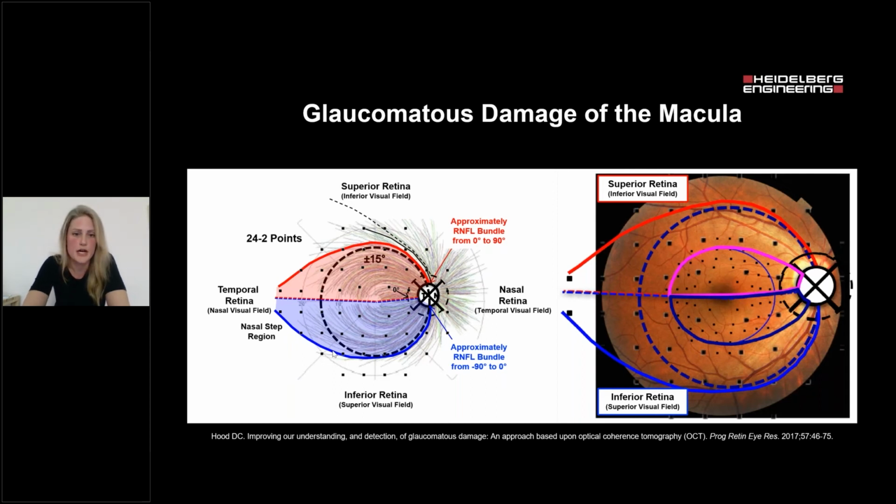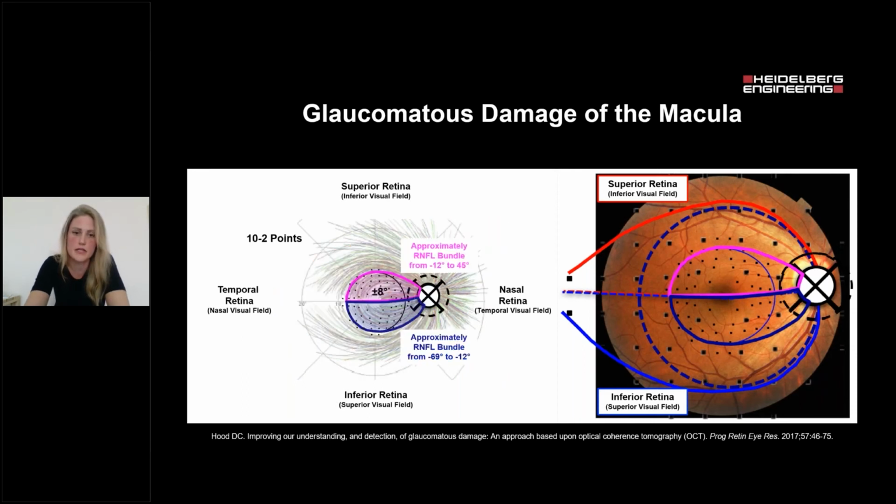So here we have the Hood model for the 24-2 points superposed and spaced every 6 degrees. And this is the macular model for the 10-2 visual field with the points superposed, spaced every 2 degrees. The superior macula corresponds to the inferior visual field, and the inferior macula corresponds to the superior visual field.